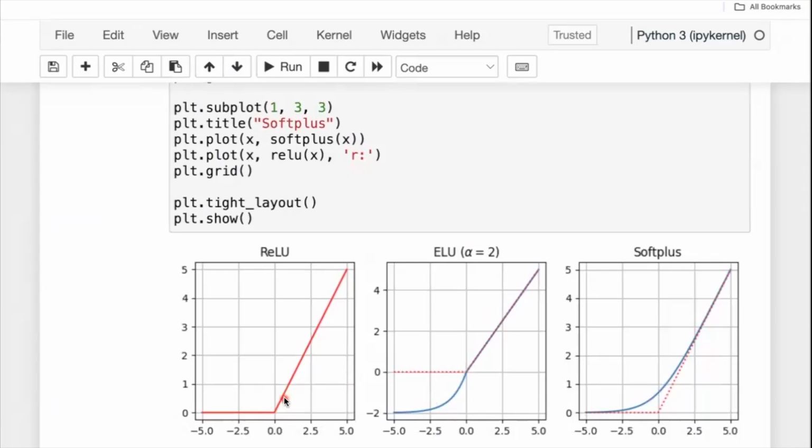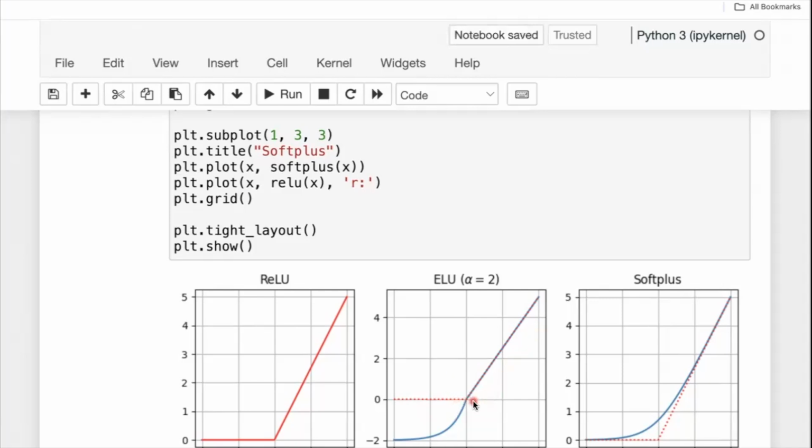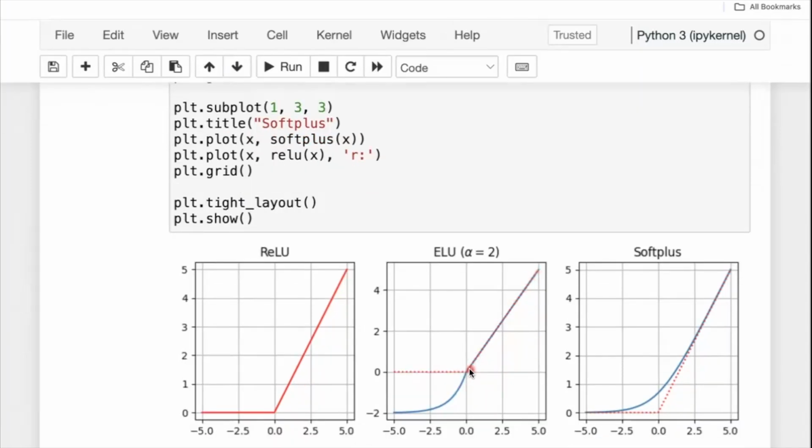So you can see that in this case, the famous ReLU is just this simple piecewise linear function. And then here we are also showing ReLU using this dotted curve. And you can see that for positive values it is exactly the same. For negative values, now you let some negative values pass.